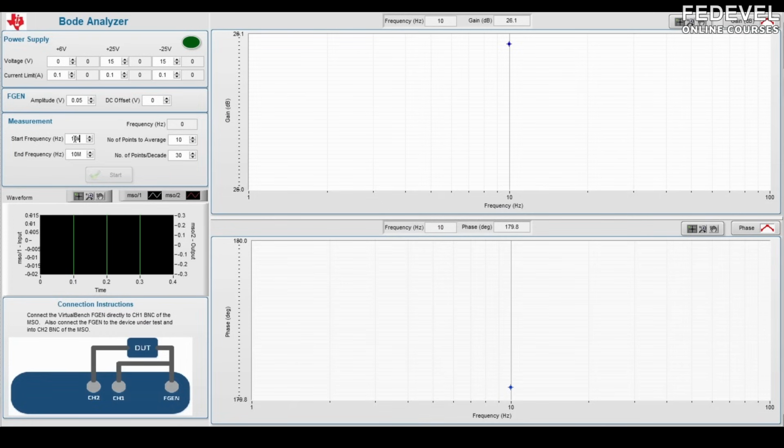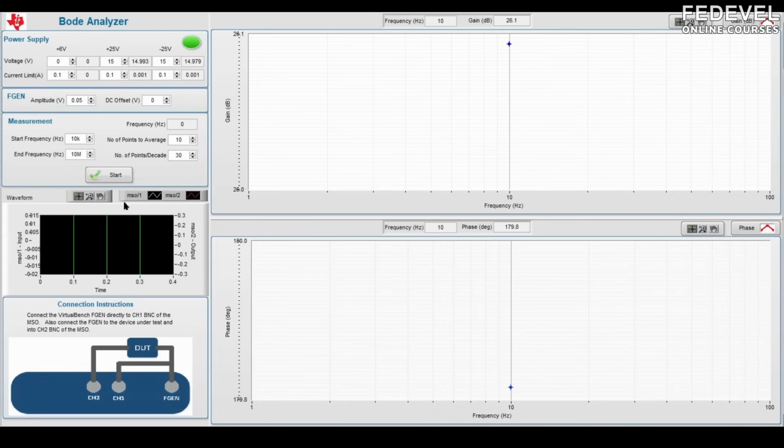So I'm going to run the measurement from 10 kilohertz to megahertz, with 30 points per decade. The instrument is going to measure the peak-to-peak signal level 10 times and average it. So first I'll turn on the supply.